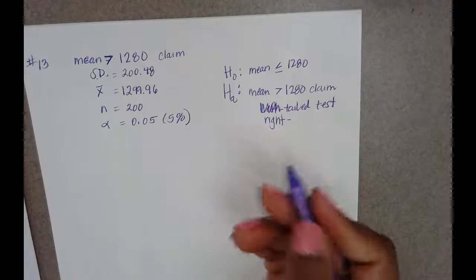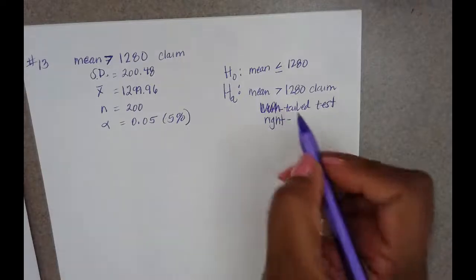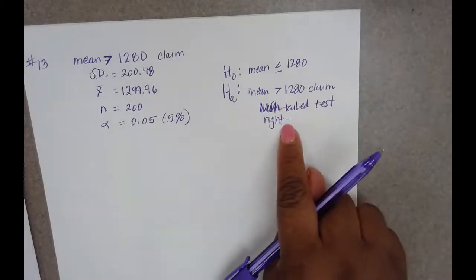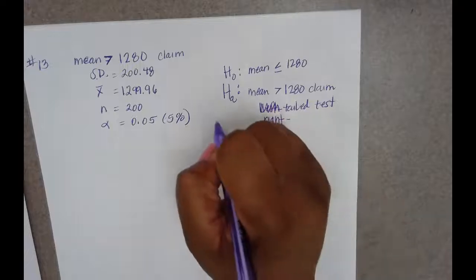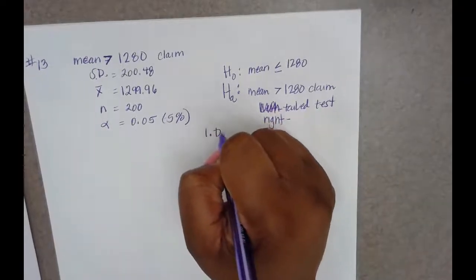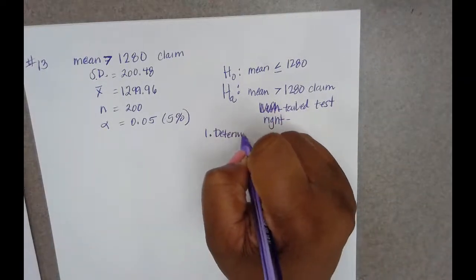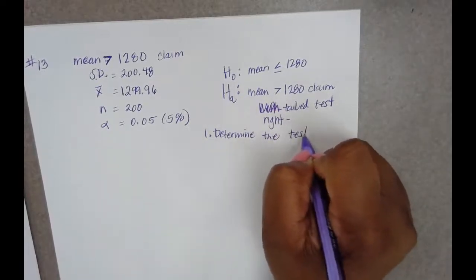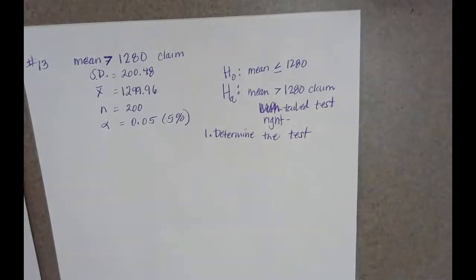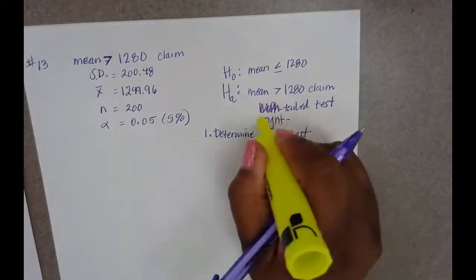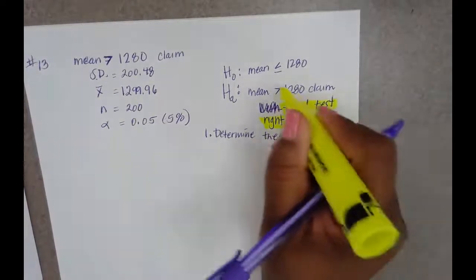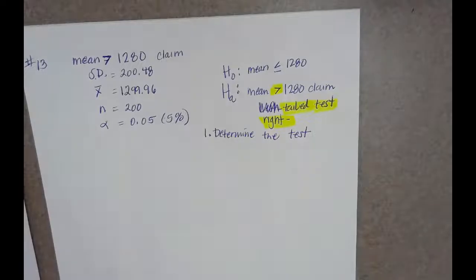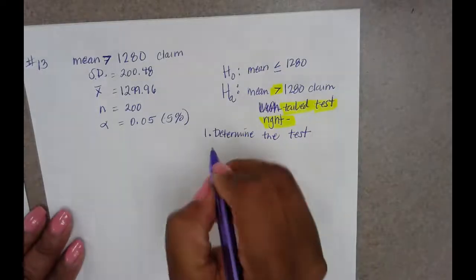So the first thing to do was find out what type of test we were going to have. So we determined the test. Okay? It's a right tail test. I know that based off of the symbol that's in HA.